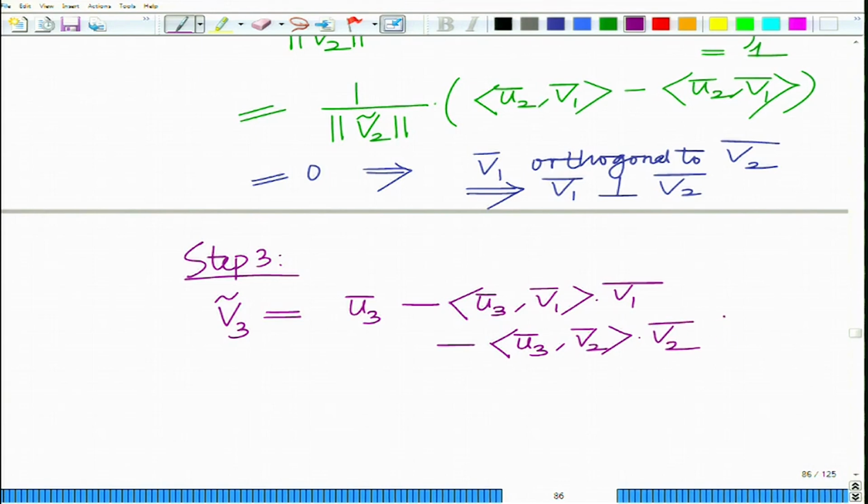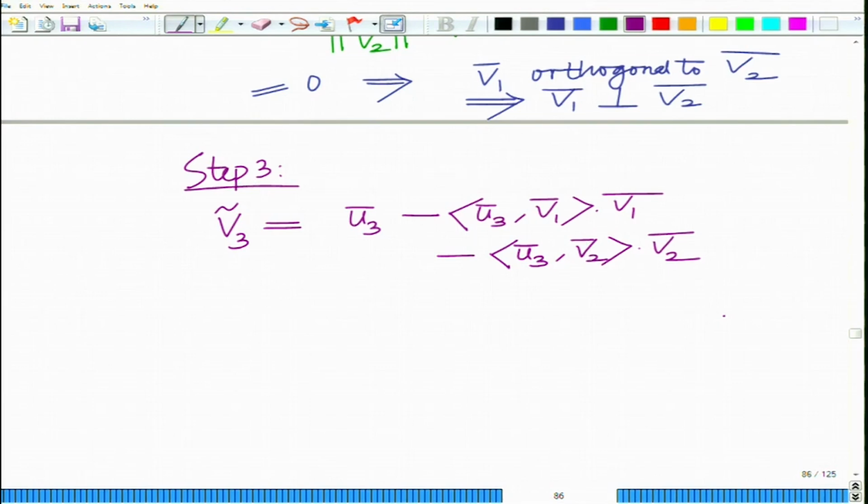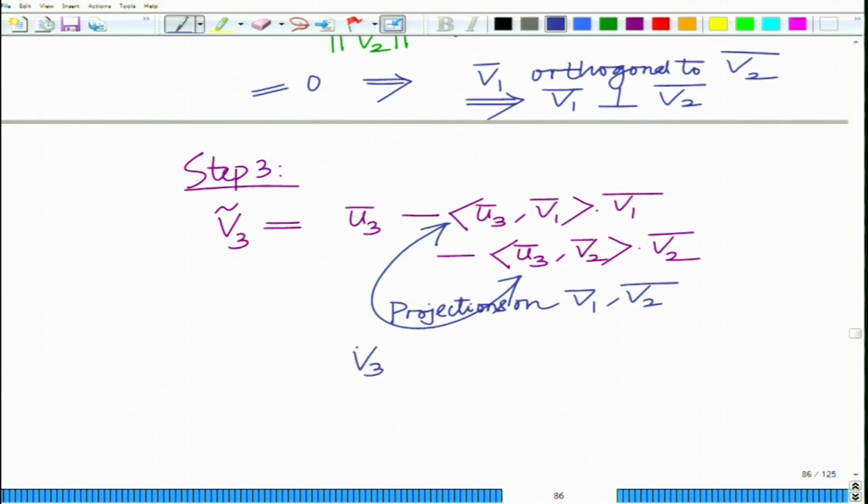So this inner product is basically giving the projection on the unit norm vector. Inner product with the unit norm vector gives the projection. So these are projections on V1 bar comma V2 bar, and these are being subtracted, and now we create a unit norm vector by V3 bar equals V3 tilde divided by norm V3 tilde.